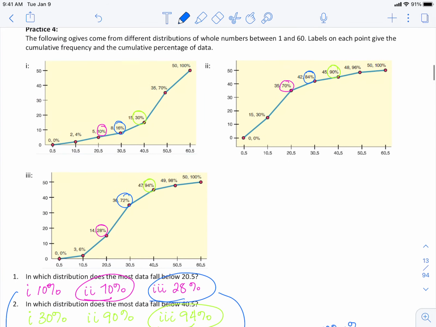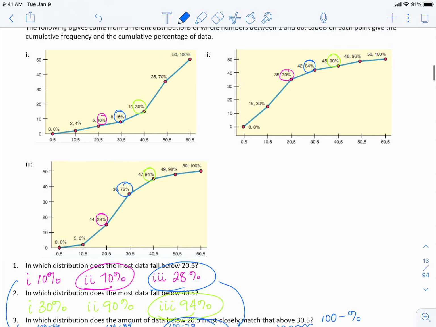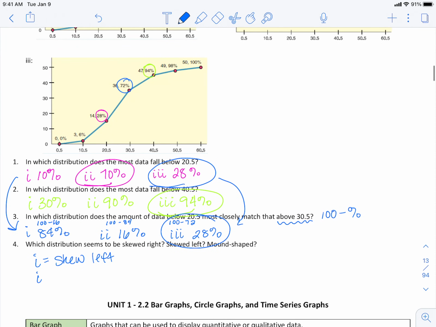For the second graph, you can see we have large jumps in the beginning and then small gains at the end on the right, meaning that we would have a tail on the right. So our second graph is skewed right.